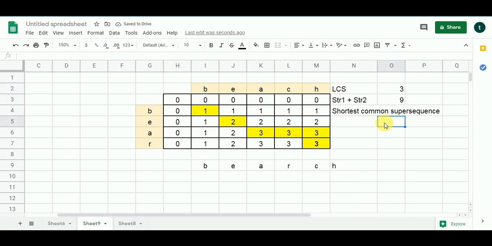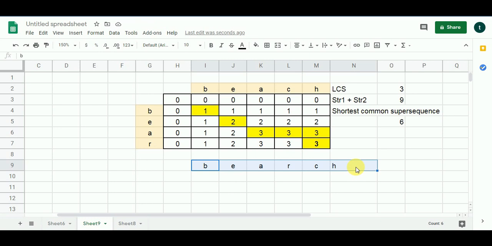So the shortest common supersequence will become 9 minus 3, which is 6, and which also happens to be the length of the string over here.